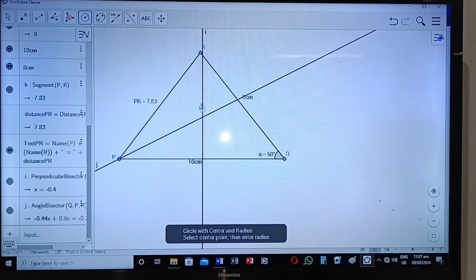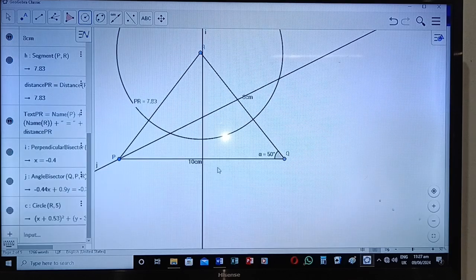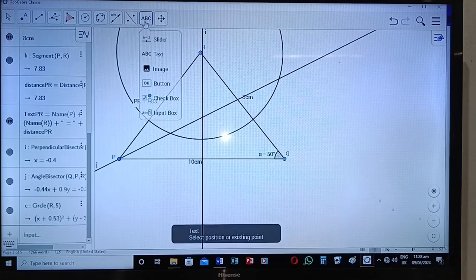Circle, center is R, radius is 5, and we say that. So finally we have that one, and we can actually label our loci.